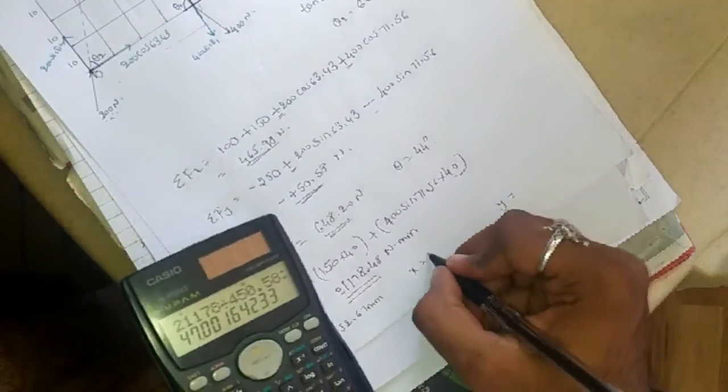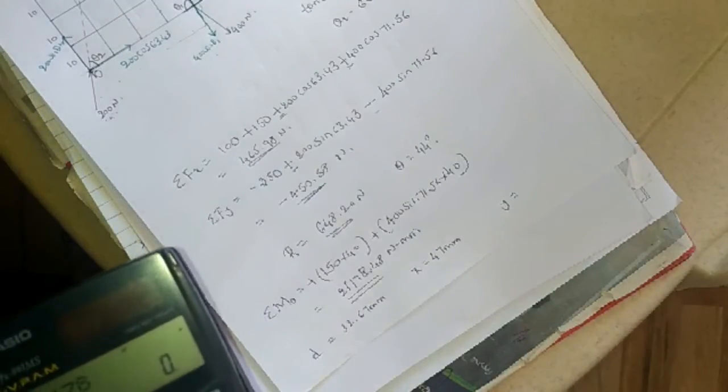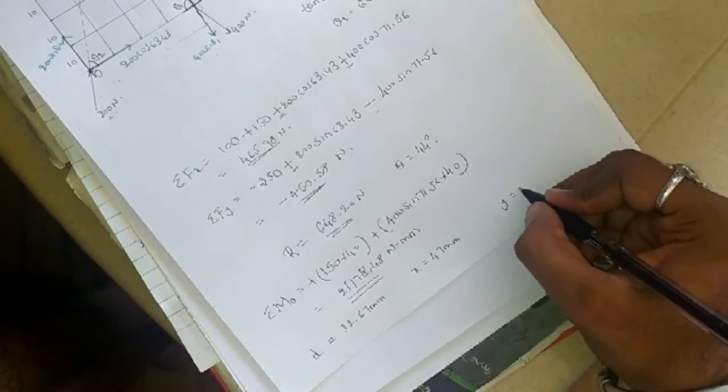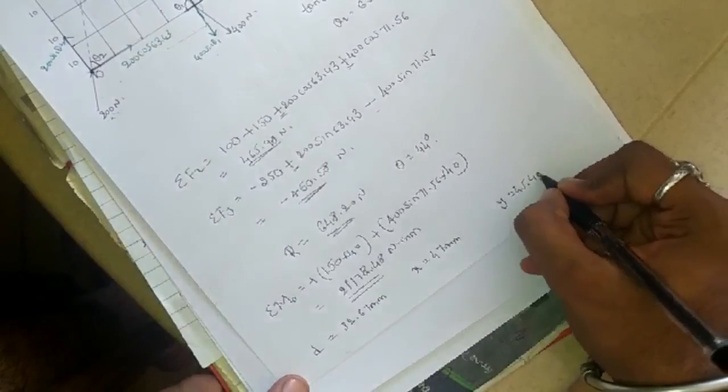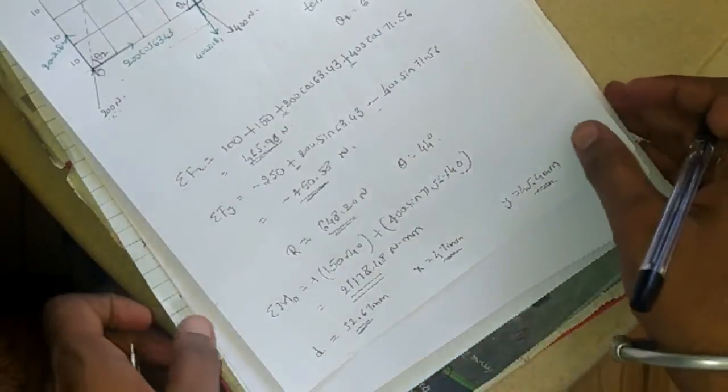The answer is 47 millimeters. And similarly, Y intercept is 21178, that is summation of moments, divided by 465.98. It is 45.4 millimeters. Okay, so this completes the problem.